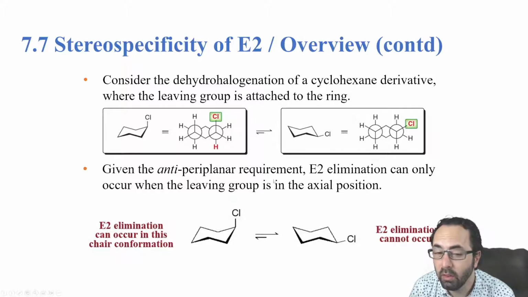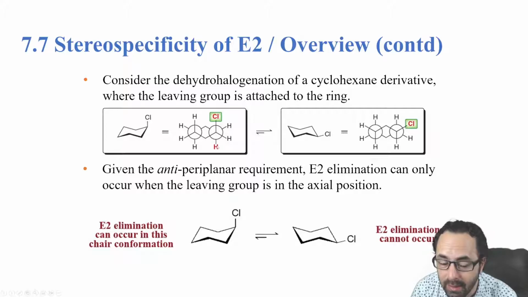Now, when it comes to a cyclohexane, so remember the chairs and the boats, right? And we have to consider what would happen there. In the case of a cyclohexane, you can only have the anti-periplanar arrangement when the cyclohexane ring has the leaving group and the hydrogen in the axial position.